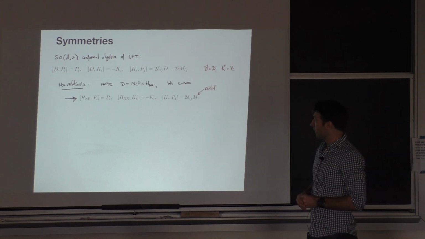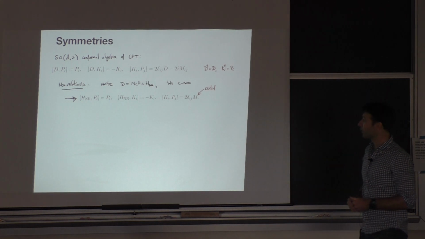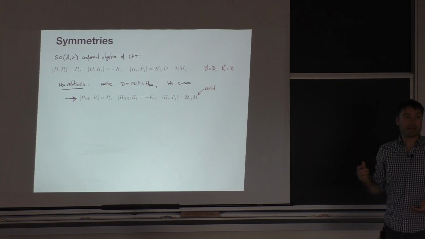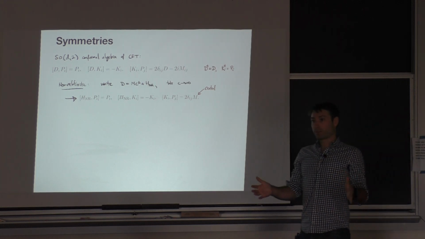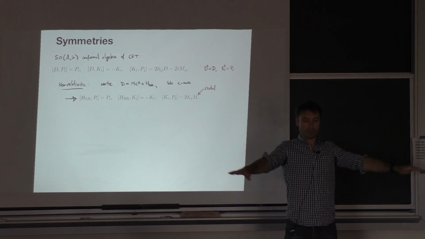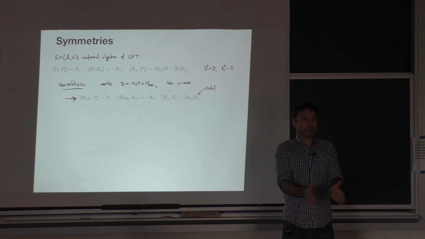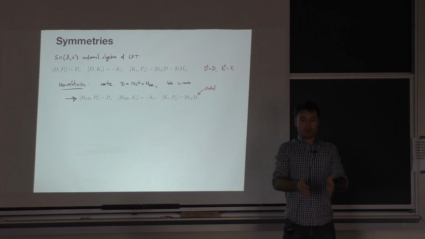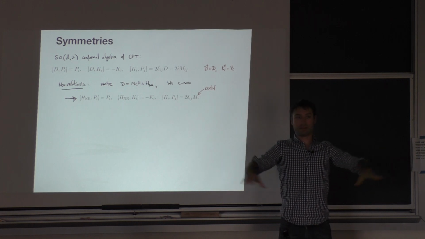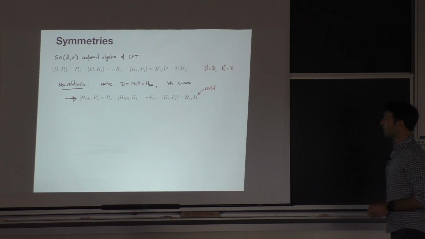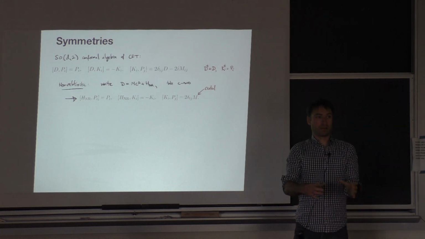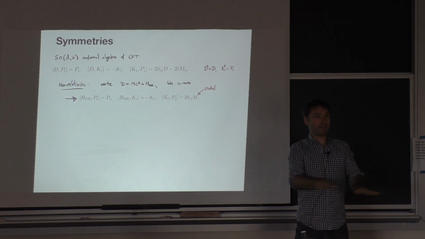The important generators of this symmetry group for us are going to be D, P, and K. D is the dilatation operator. If you have this acting on the d-dimensional plane, the dilatation operator is the thing that does scale transformations on that plane. And then there are the P's, which are the momenta, so they're translations on the plane.